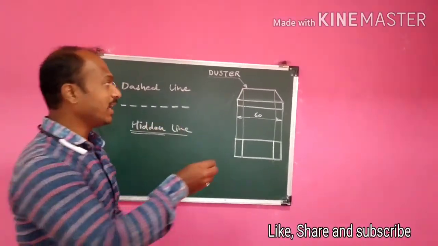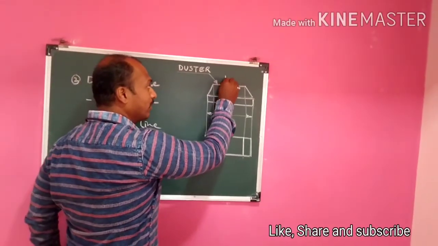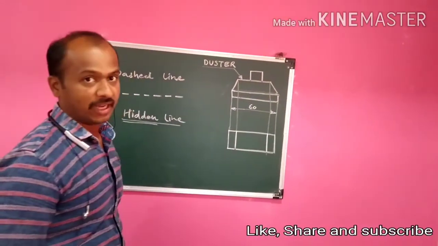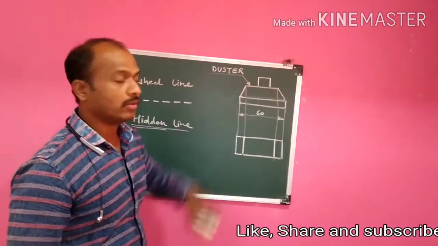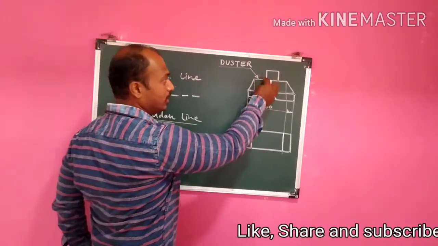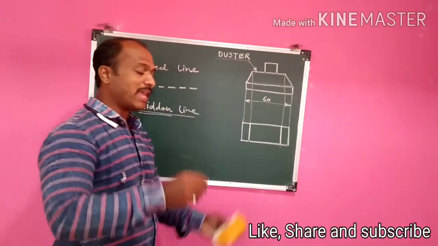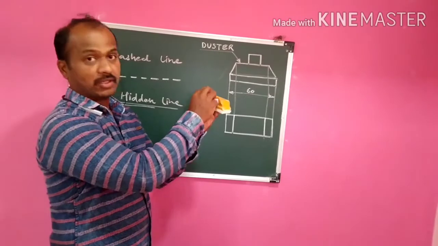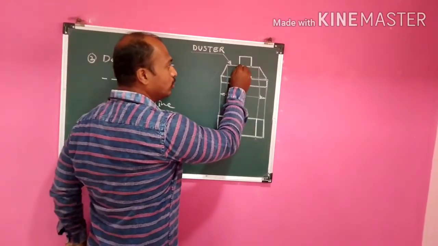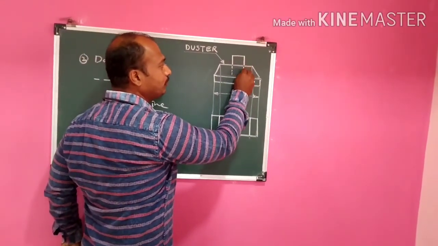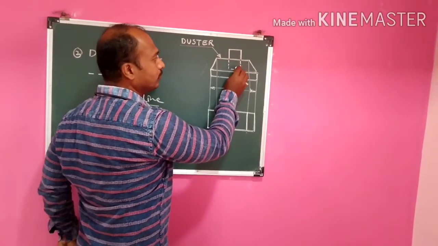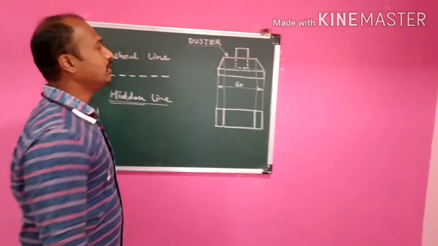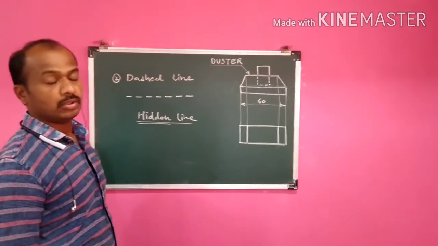So while drawing the rectangle, the part which is visible to us, we are going to draw by using a continuous thick line, because for the visible line we use the continuous thick line. And the part which is behind the duster, to draw that we are going to use the dash line.